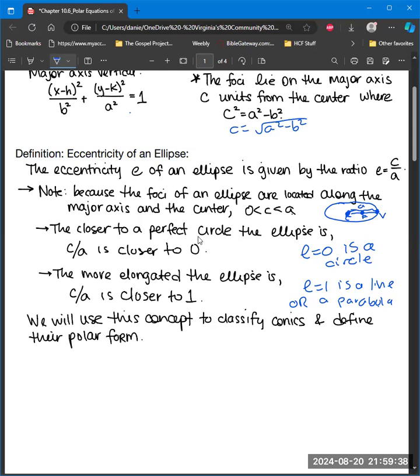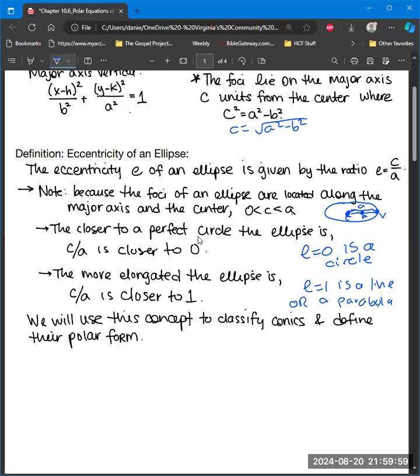The closer the focus is to the center, as I move the focus closer and closer to the center and c gets closer and closer to 0, the more it becomes a circle.